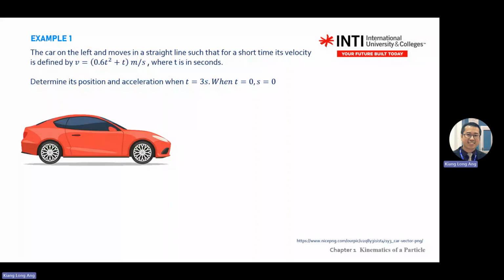Okay, let's look at this example. Now we apply. We already concluded the first section of chapter one. The car on the left moves in a straight line for a short time, with velocity defined by the equation. Now, this is the special characteristic of engine dynamics.